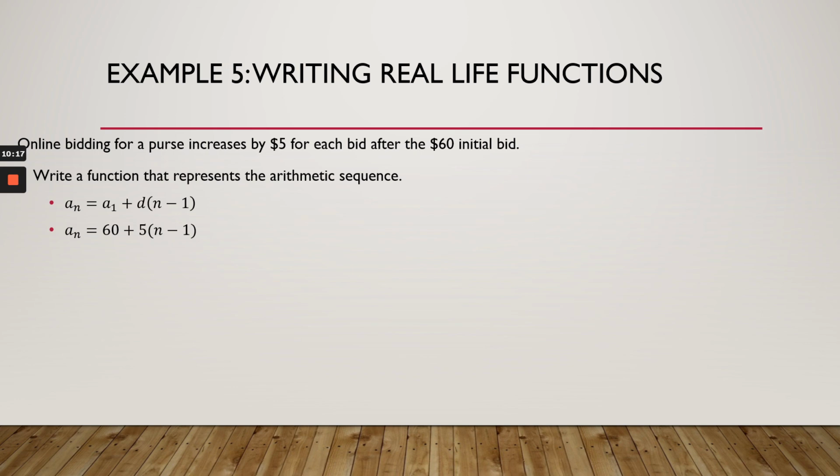We're starting at 60, we're going up by 5, and we go up by 5 n minus 1 times. We can simplify this to our linear equation, y equals mx plus b, by just multiplying through and then combining like terms.